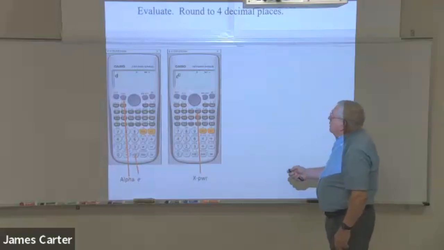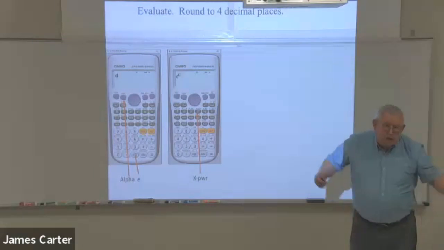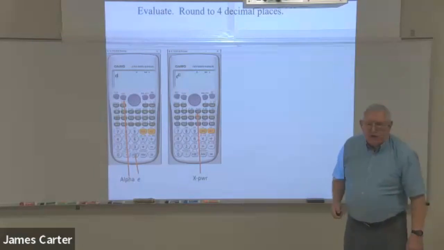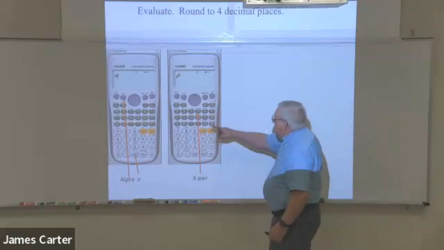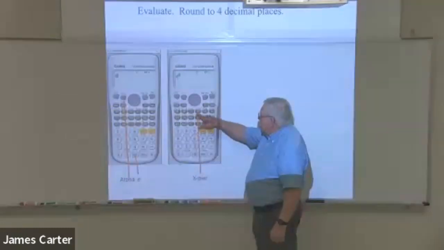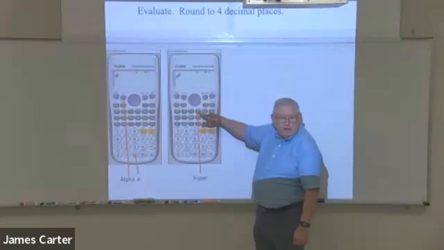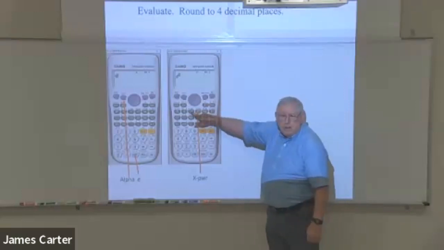Now, if I wanted e to some power, I don't know what power, just some power for right now, then after I type in e, I'll hit the x to the whatever power key, compared to the x squared key. That one will just make the x squared.